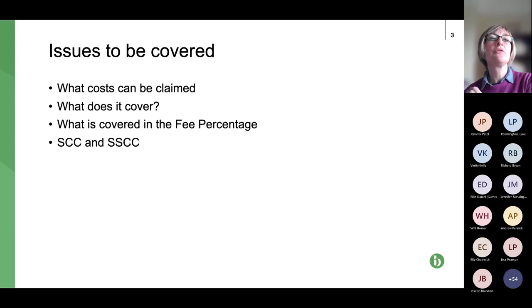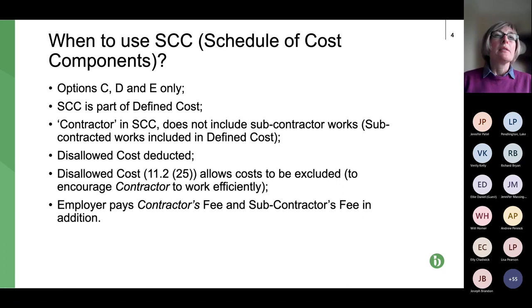If we can move on to the next slide, please, Jen. Again, we're kind of circling round. We're not actually looking at the schedule or shorter schedule yet, but at when we use either of the schedules. First, the schedule. The difference between the schedule and the shorter schedule is that the shorter schedule is shorter.